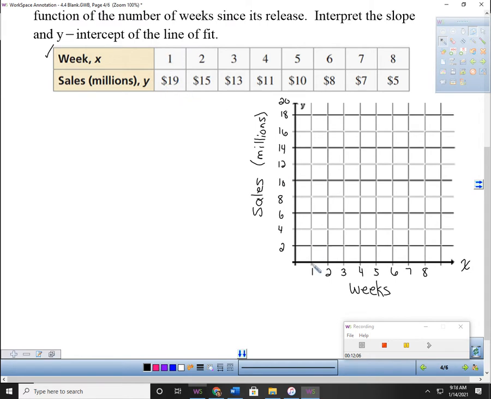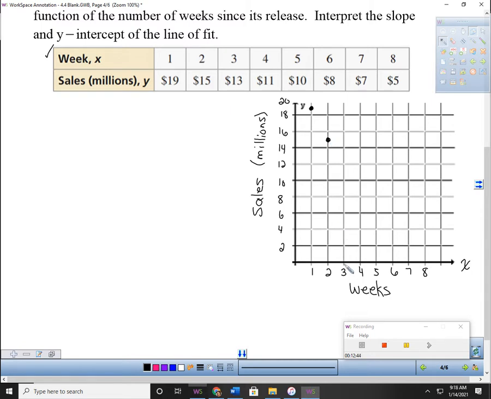So week 1. So I'm going to go up, not quite to 20, but we're counting by 2s, right? So 19 should be about halfway in between there. So week 2, up to 15. I know 15 is going to be halfway between the 14 and the 16, so I put a dot there.